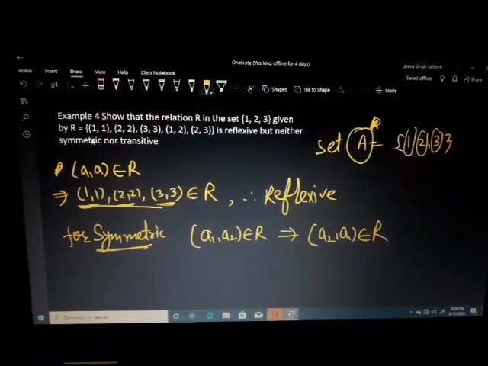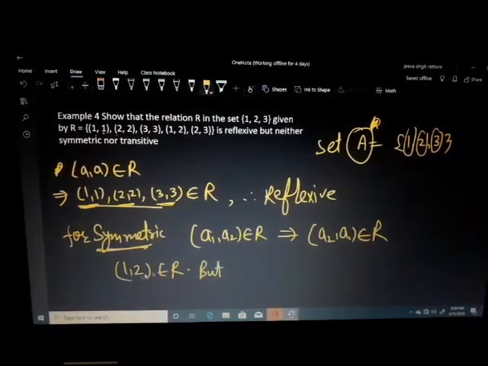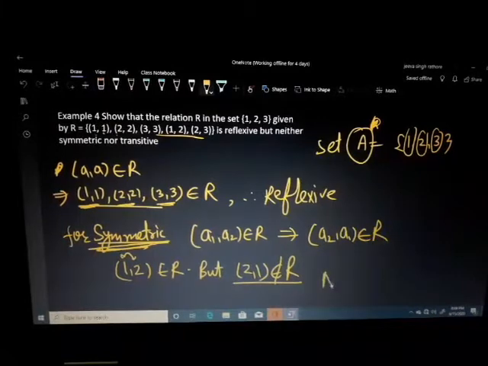For example, 2, 2 flipped is 2, 2, and 3, 3 flipped is 3, 3. But 1, 2 flipped becomes 2, 1. Is 2, 1 present in this relation? 2, 1 is not present here in this relation. It does not belong to R. It means this relation is not symmetric.